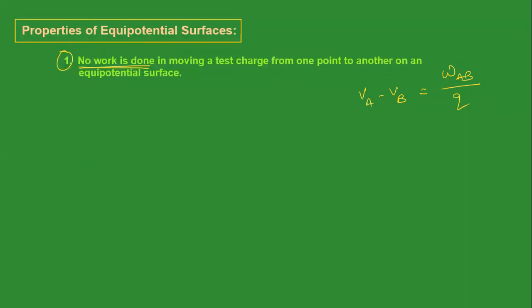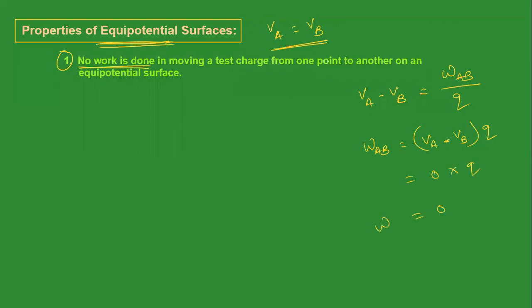Now let me write the formula of work done: W is equal to VA minus VB into the charge Q. If the surface is equipotential, VA and VB are both the same. If we substitute VA and VB the same, then the subtraction VA minus VB is 0, and 0 into Q is 0.